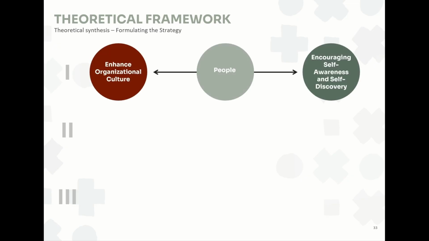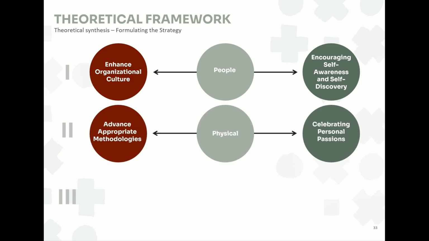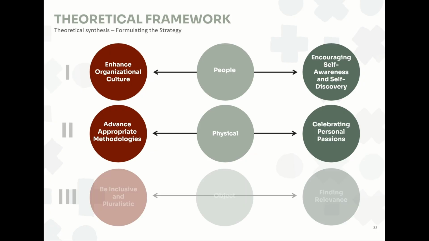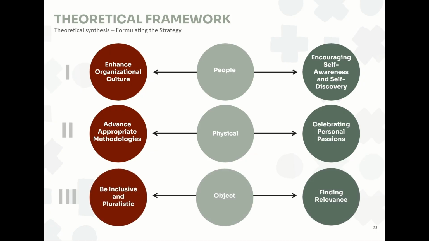Group 1 focuses on enhancing diverse backgrounds, beliefs, values through organizational culture, people as a group, and encouraging self-awareness and self-discovery. Group 2 stresses the need for appropriate methodologies in the physical exhibitions to celebrate personal passions. Finally, Group 3 emphasizes the importance of inclusivity of diverse perspectives and intellects and how that manifests into objects which help the visitor to find relevance.